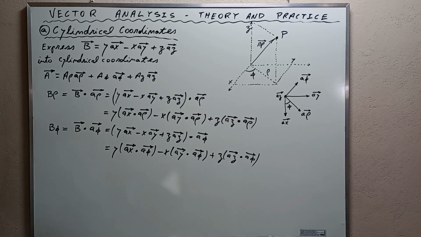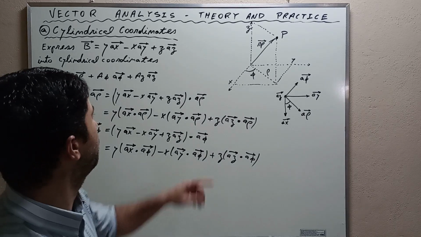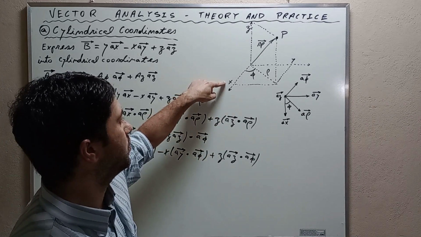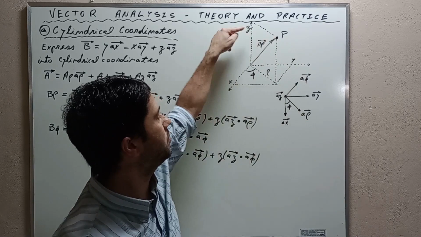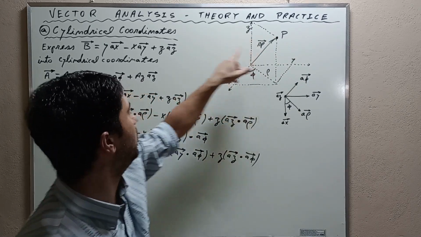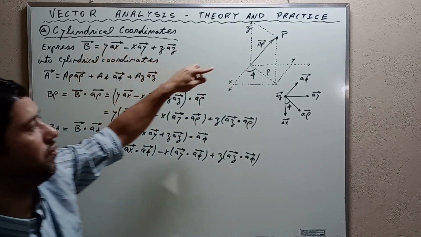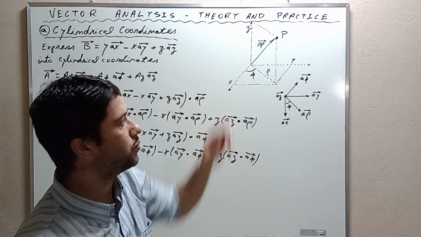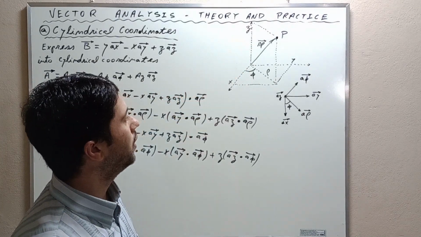Okay, you can express vector Vp from the origin to P using Cartesian coordinates and cylindrical coordinates. Using Cartesian coordinates, we have x, y, and z. Okay, Rp is not b. Okay, this is just for example.